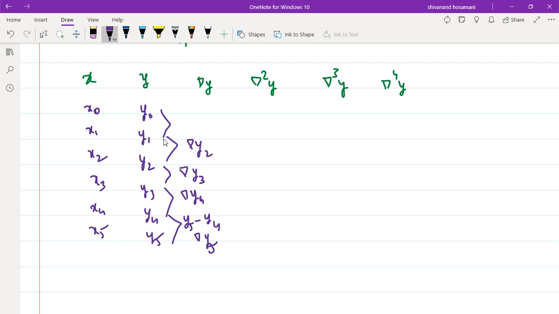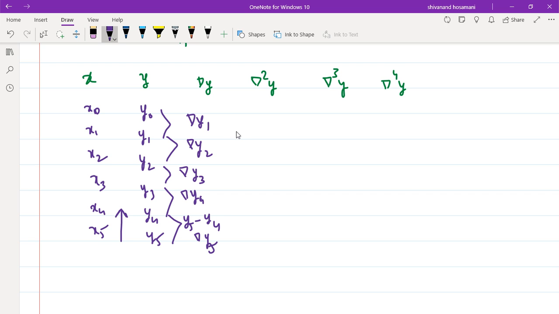The table is going upward from the downward, so you must be very careful.